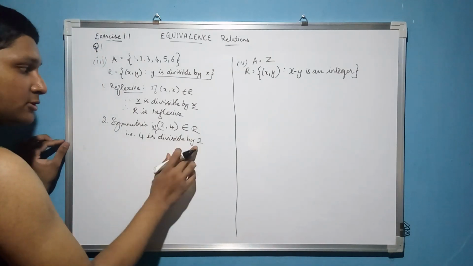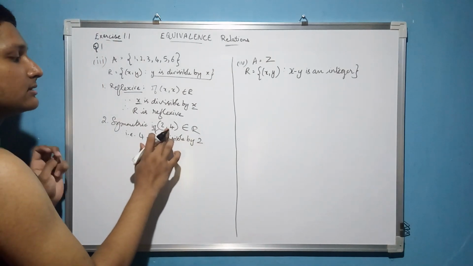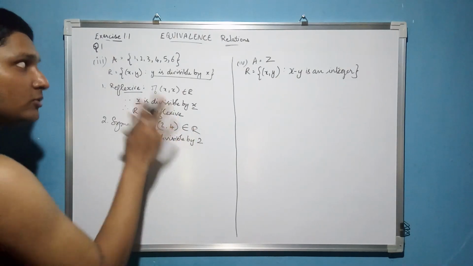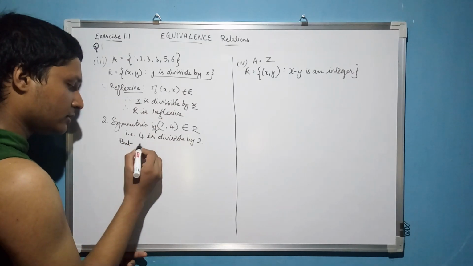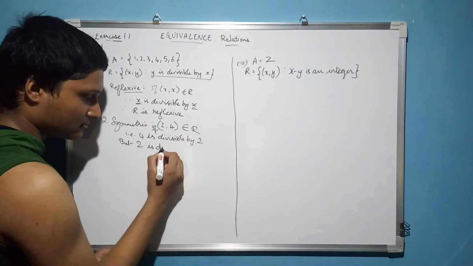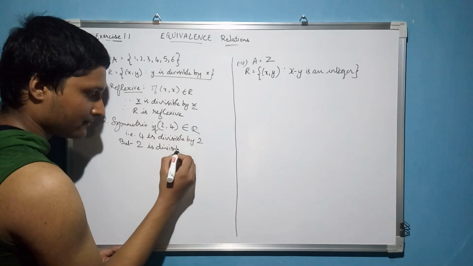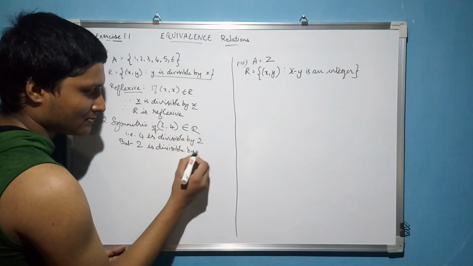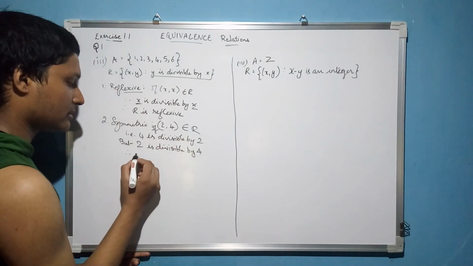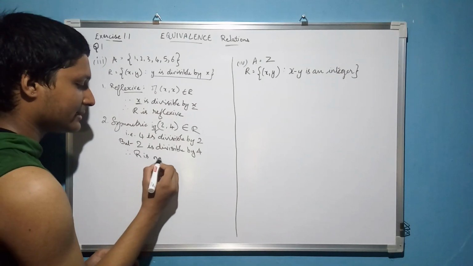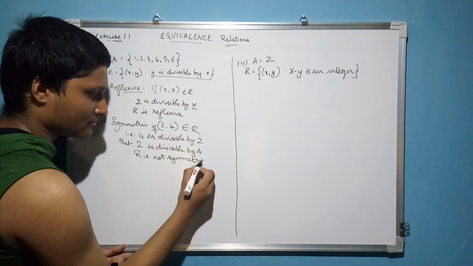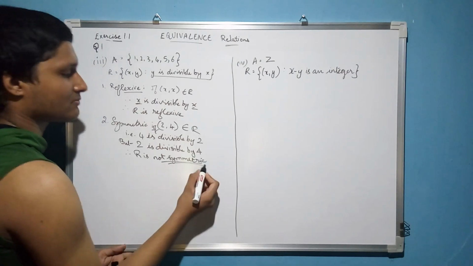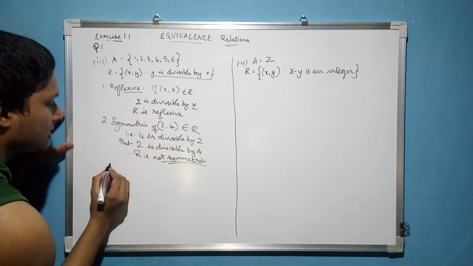It is true. 4 is divisible by 2. That means 2 comma 4 is belonging to R. That I know. Just now I found out. But 2 is not divisible by 4. Therefore, R is not symmetric. Now we'll go to the third case.